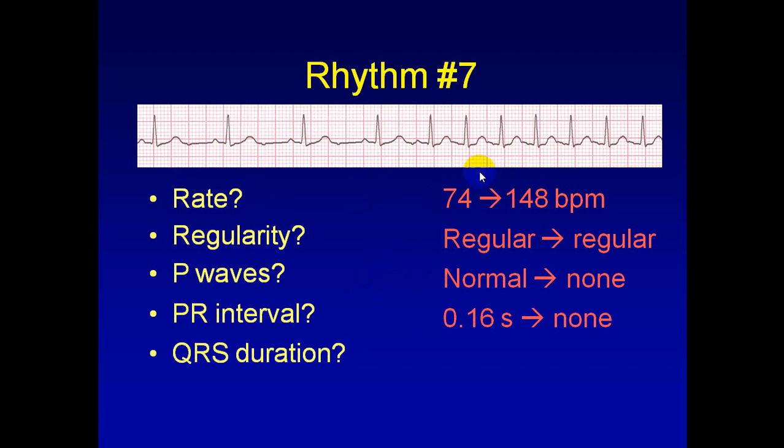The QRS complex is normal in both of them, so the impulses are coming from above the ventricle.